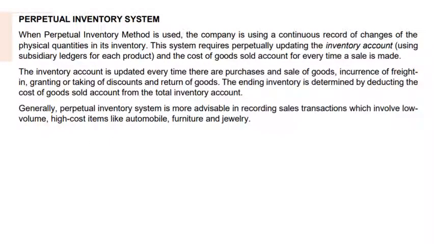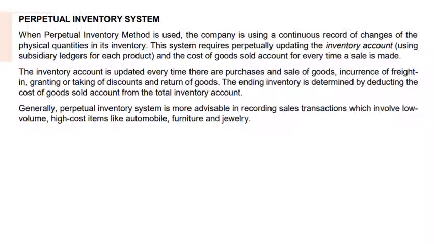The other system that can also be used is the perpetual inventory system. In contrast with the periodic inventory system, the perpetual inventory system uses a continuous record of changes of the physical quantities in its inventory. In this system, it will need perpetual updating of the inventory account using subsidiary ledgers for each product, and the cost of goods sold account every time a sale is made.